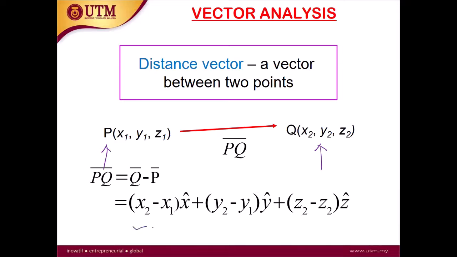For the x component, we have x2 minus x1. For the y component, we have y2 minus y1. And for the z component, we have z2 minus z1. So you know what the components x, y, and z are respectively.